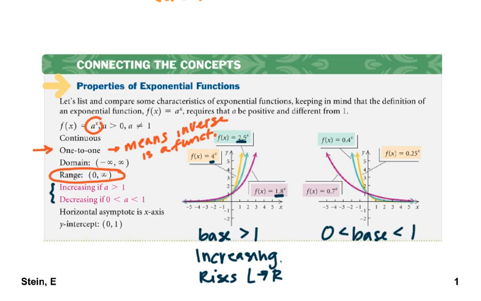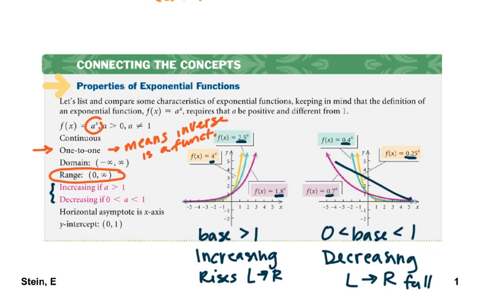And if it is between 0 and 1, our graph is going to be decreasing from left to right. It's going to fall. And you see that here, these bases 0.7, 7/10, 0.4, 2/5, 0.25 is 1/4. All of the graphs created here fall across the page from left to right.